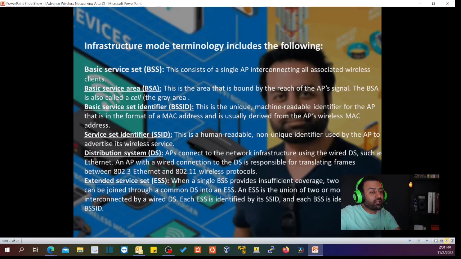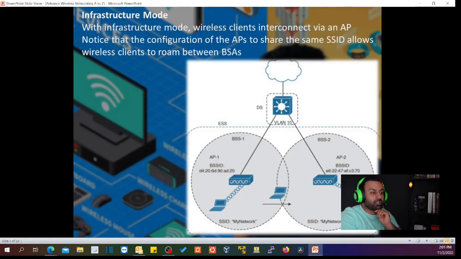This is the area that is bounded by the reach of the access point signal, and BSA is called the gray area. So the gray area in our topology is called the BSA area. AP1, if you look at the gray area, this is BSA1, and this is BSA2.